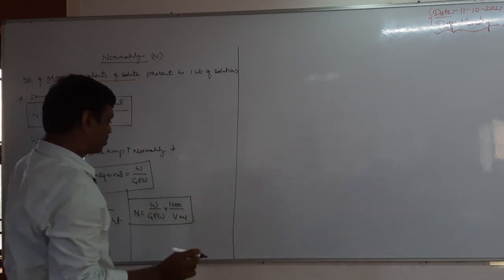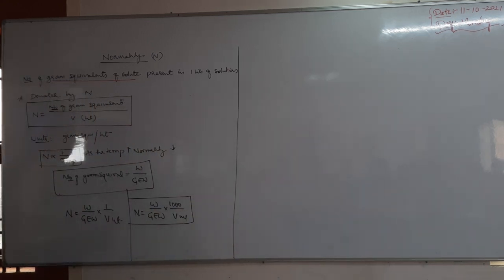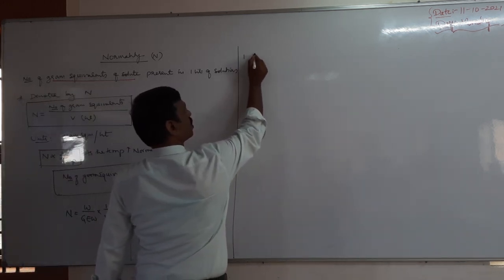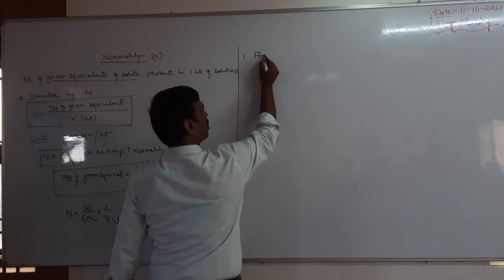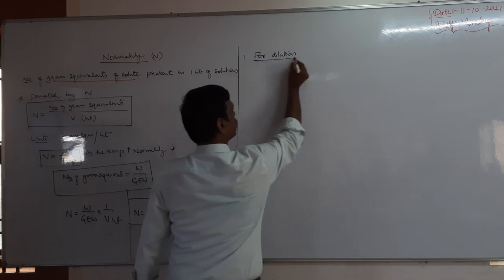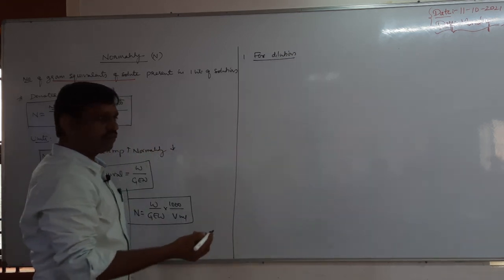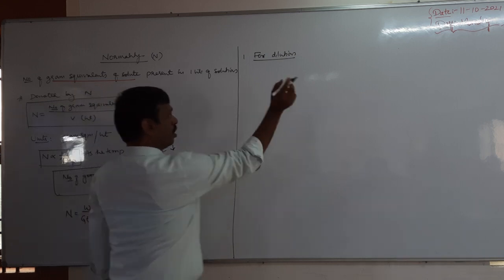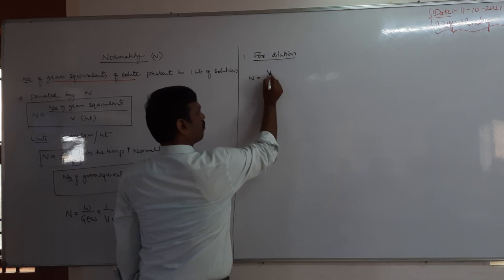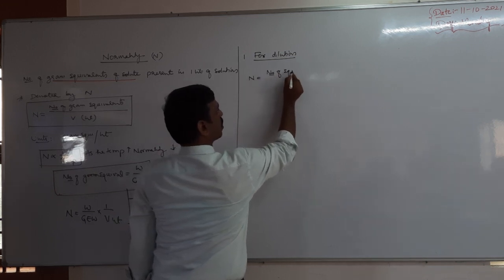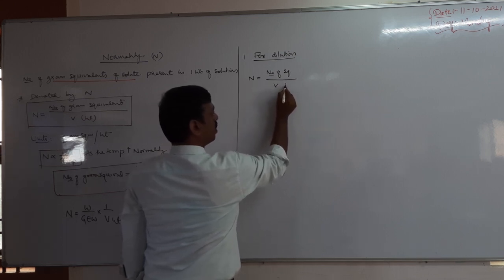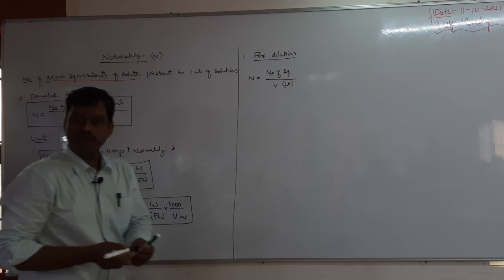Okay. Next, let's see the different formulas related to normality. One, for dilution, the same formula we have written for molarity also. Tell me, for dilution, what is the normality? Normality equals number of gram equivalents divided by volume in liter, right.